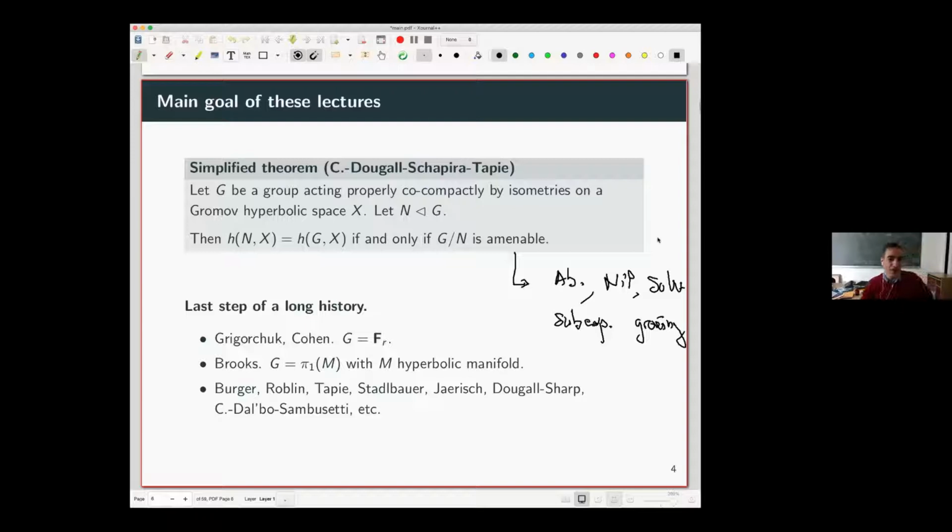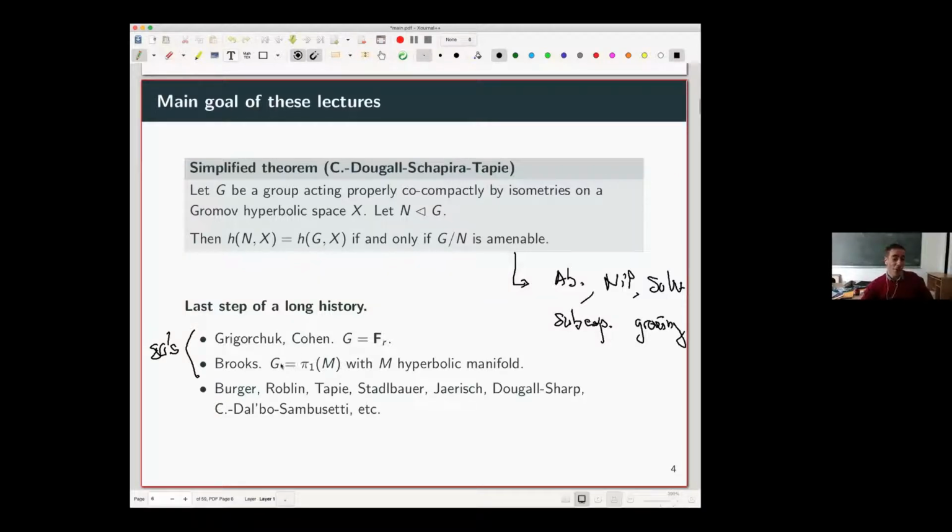This statement that I gave you is the last step of a long history of results in this direction. I would like to mention a few of them. The first one goes back to the 80s. Independently, Grigorchuk and Cohen proved the statement when G is a free group, using some kind of brute force counting, let's say.